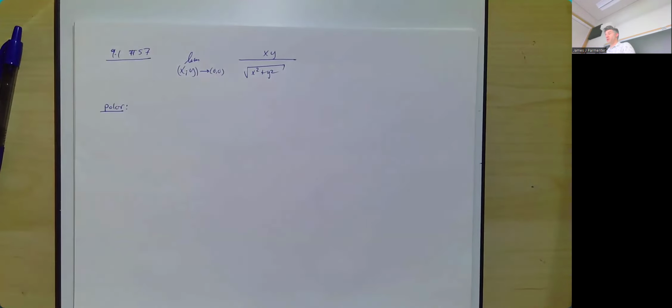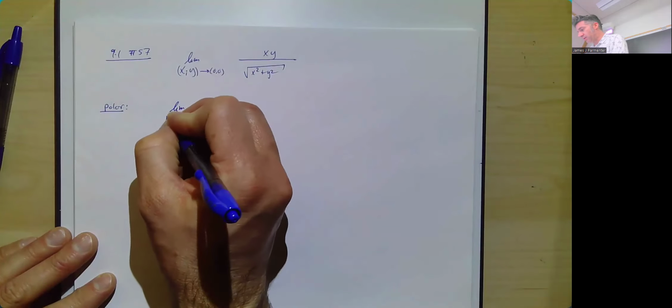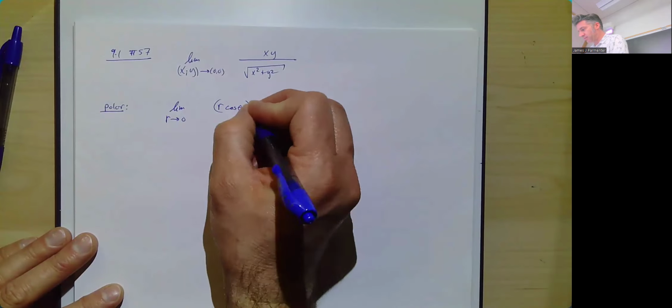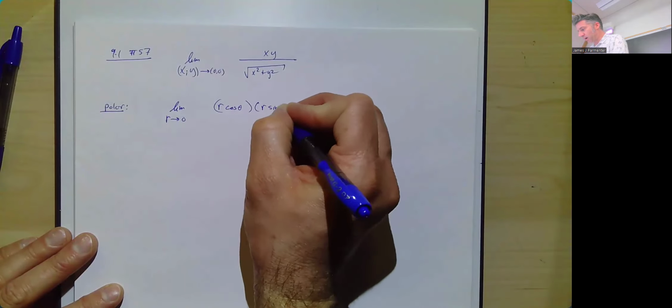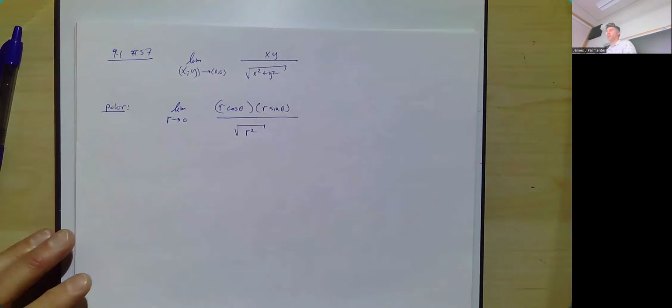I'm going to replace every x with r cosine theta and every y with r sine theta. But if I happen to see x squared plus y squared, I'm going to write r squared because it's easier. So we're going to rewrite this as the limit as r goes to 0 of r cosine theta for x, r sine theta for y, divided by the square root of r squared.